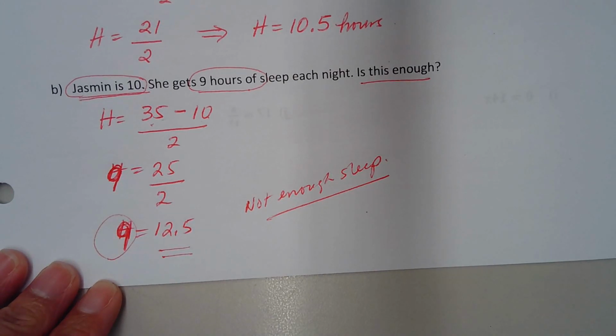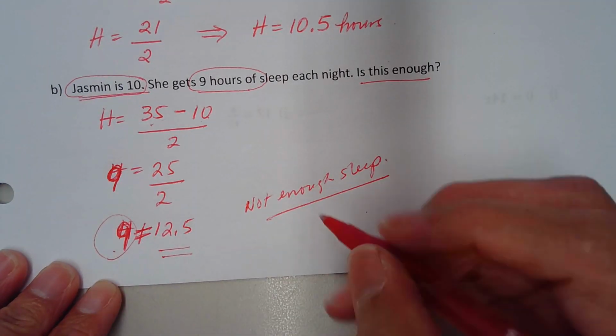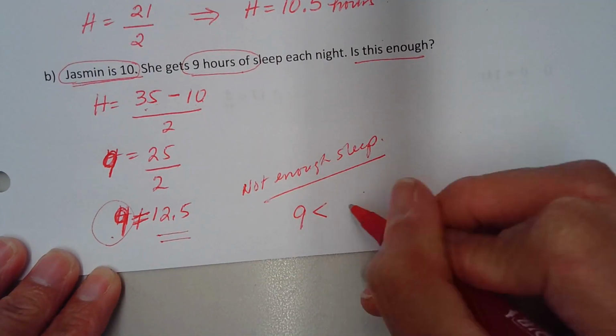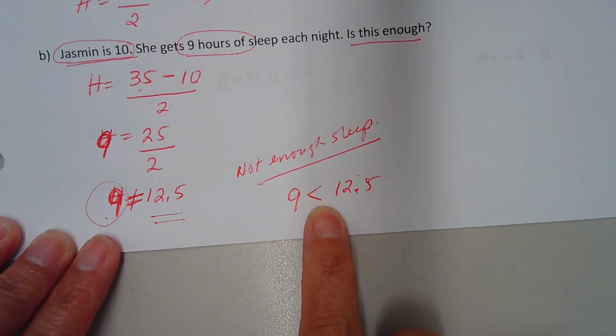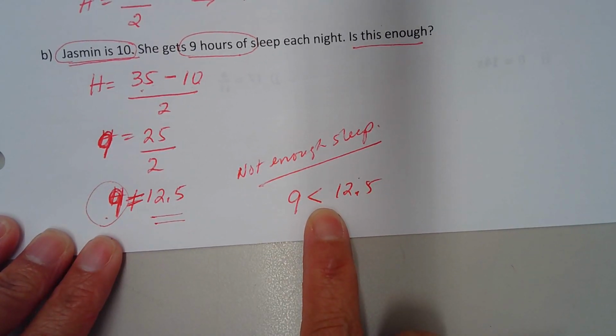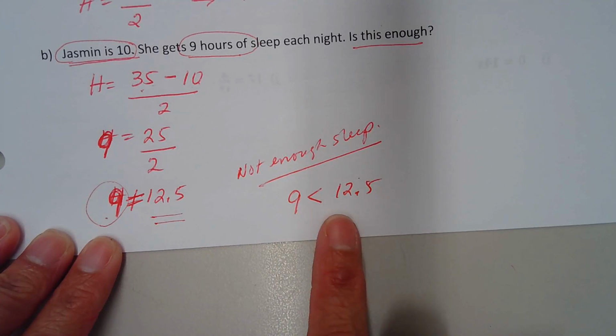Okay, they're not equal. So 9 is less than 12.5. Have you seen this symbol before? Yes, it means less than. So 9 is not equal to 12.5. It's less than 12.5, which is less than the sleep that she requires.